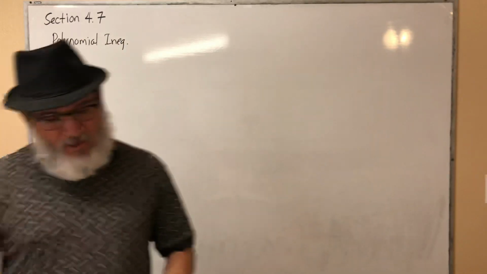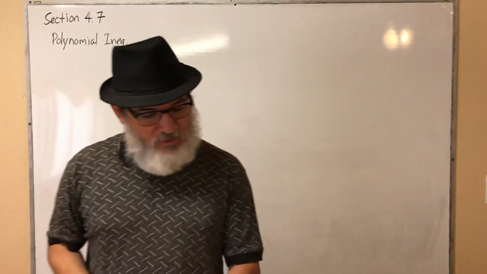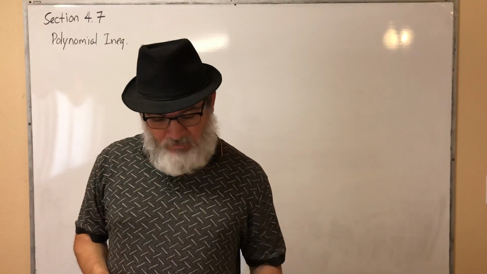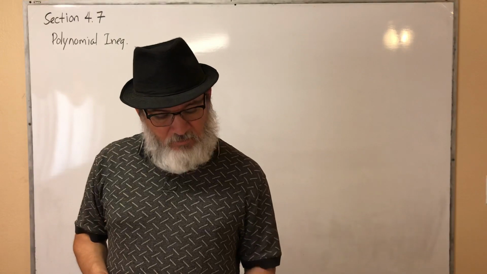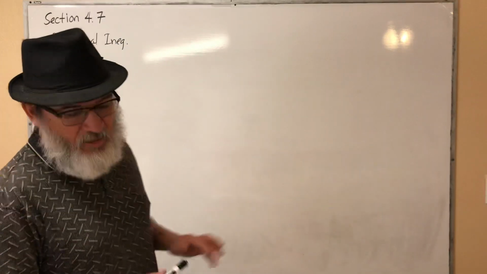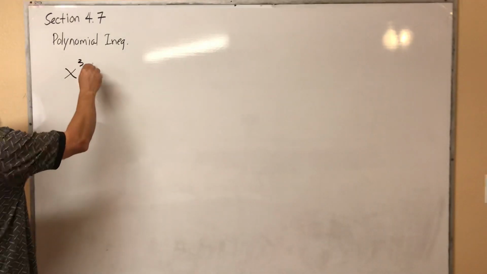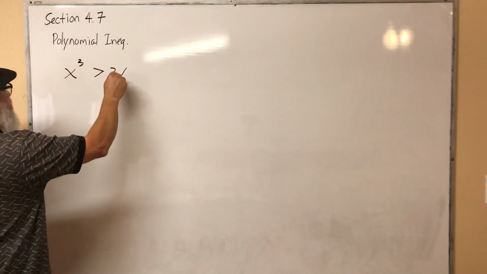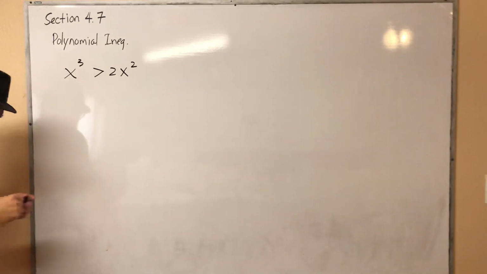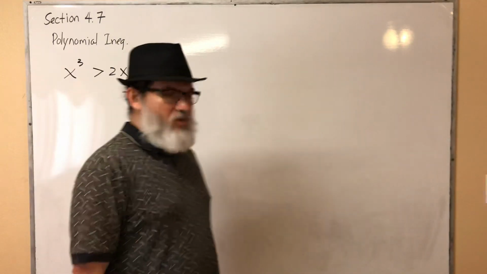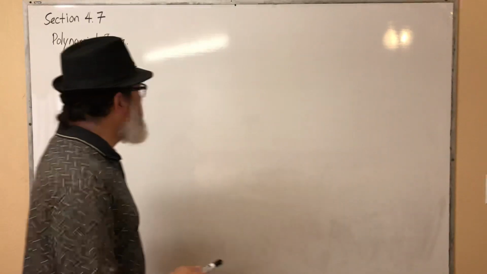Okay. And here's a good example. Try this one. X cubed is greater than 2x squared. That's a polynomial inequality. You're going to set one side equal to 0.